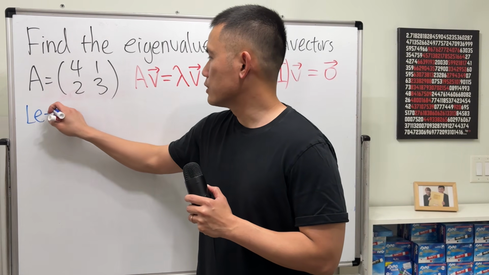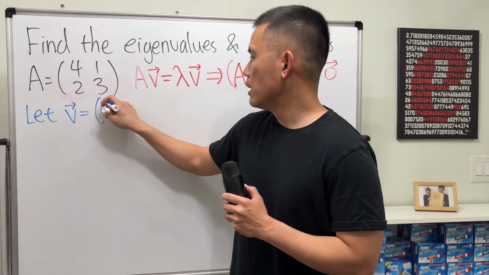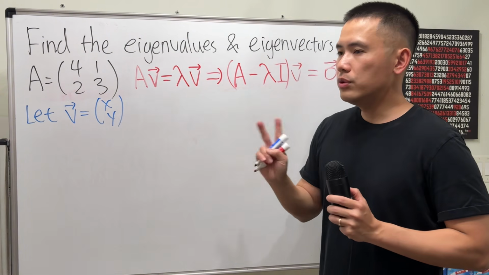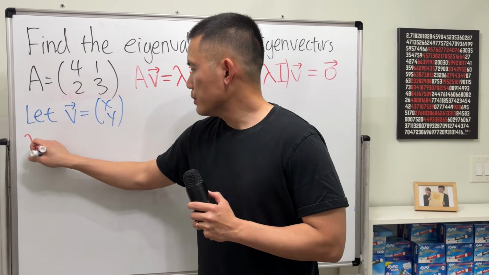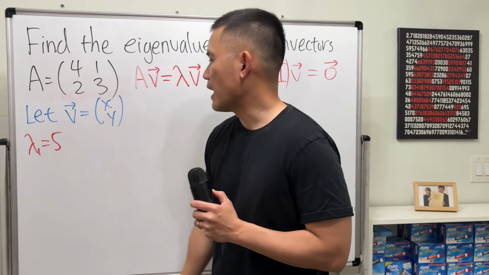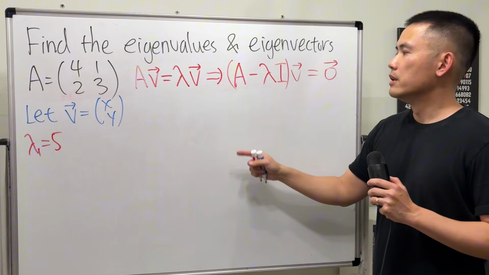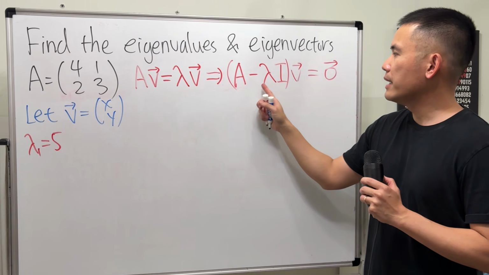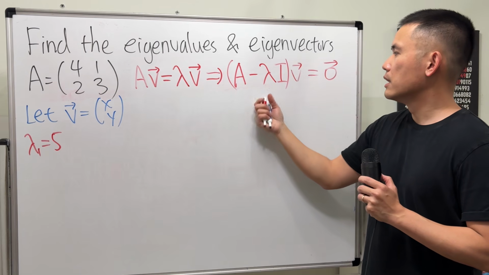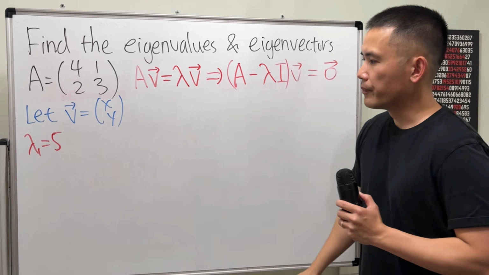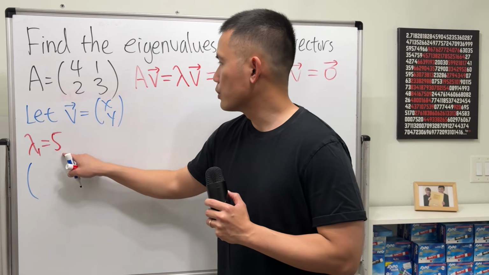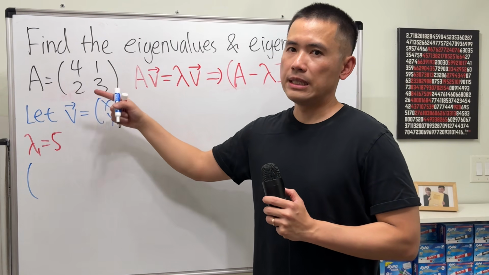So let's start with this right here. Let v equal x, y. And then we have two lambdas, right? Let's look at the first one, when lambda is equal to 5. Plug into here. Then you see we want A minus 5 times the identity matrix times v equal to 0. So we just have to go to the diagonal and then subtract 5.